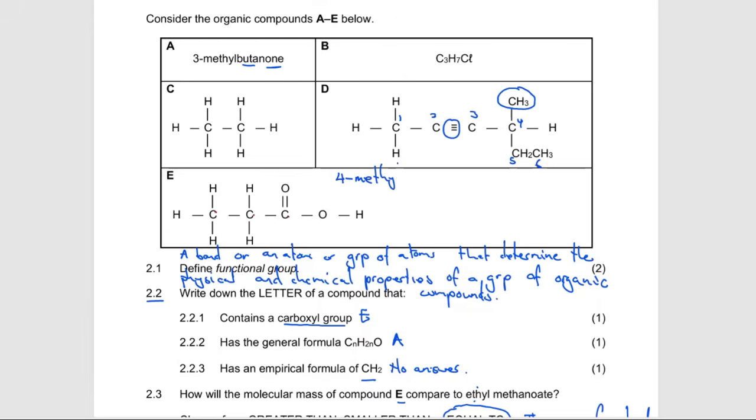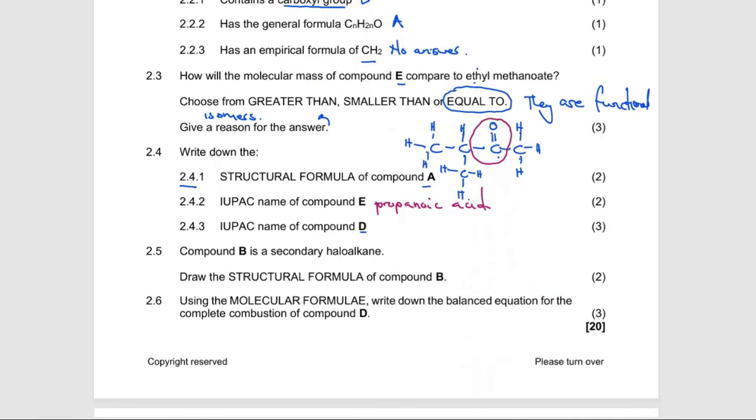The longest chain is 6 carbons, so it's a hex. Then the triple bond is on carbon number 2, so you say 2, dash, then the suffix for alkynes, which is yne. So that's how we write the IUPAC name of compound D.